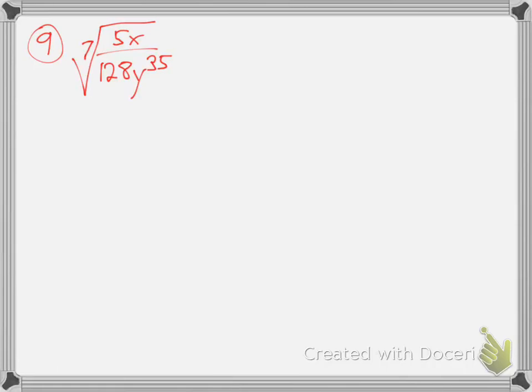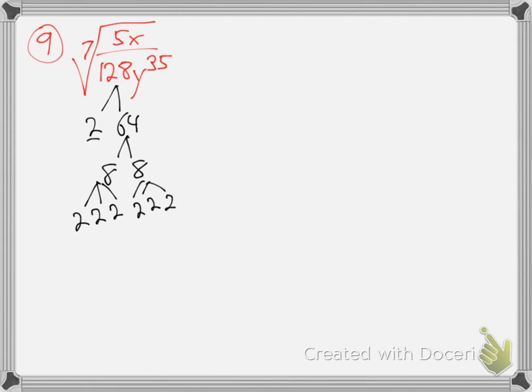Okay, so here we have a 7th root. And so what are we going to do with this thing? Well, the bottom, we're going to need to break down that bottom. The bottom is 2 times 64, from 6 divided by 2 in your calculator. 64 is 8 times 8, and each of those has got 3 2's in it.